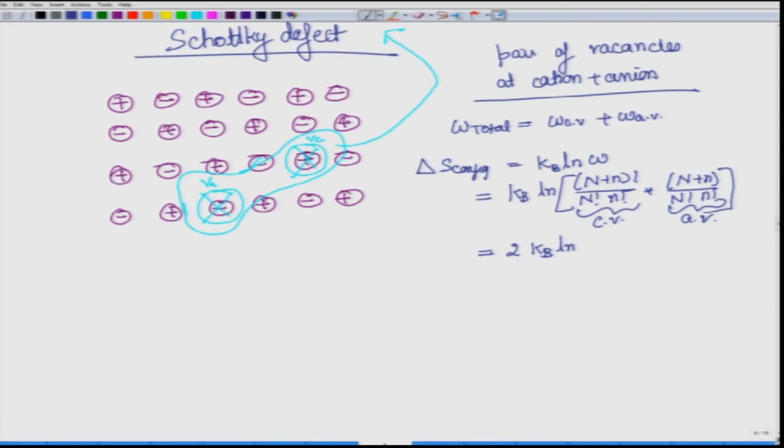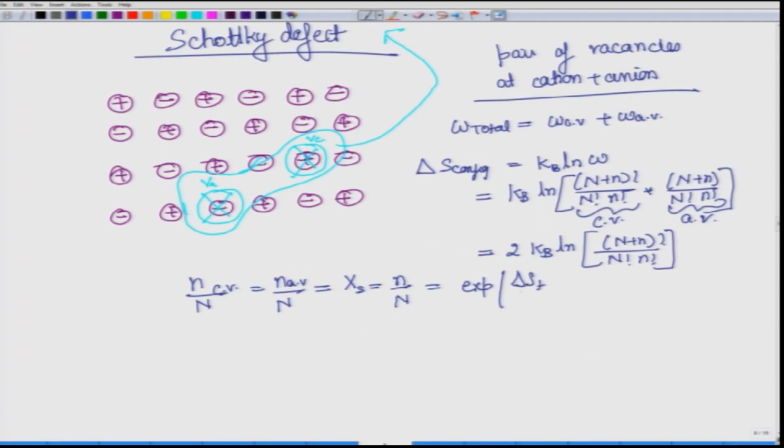So, this becomes 2 kB ln, and therefore, if we look at the number of cation vacancies divided by n, which will be equal to anion vacancies divided by n, which will be equal to n by n for Schottky, it can be written like exp delta S_f by kB.